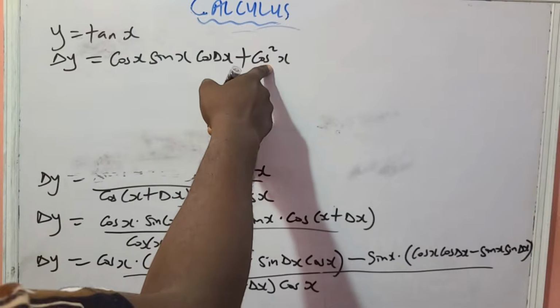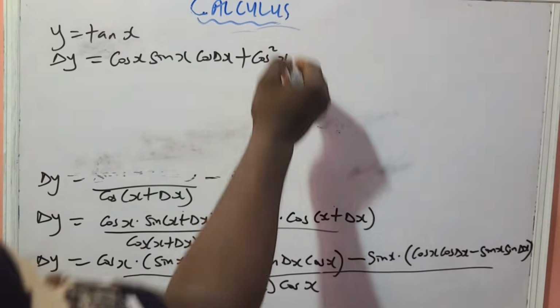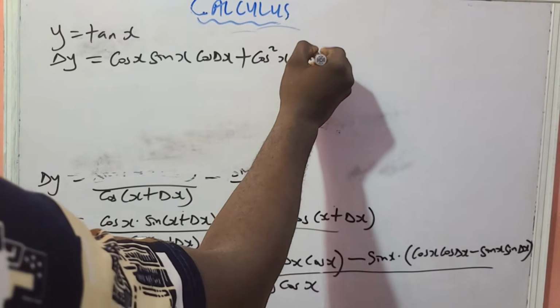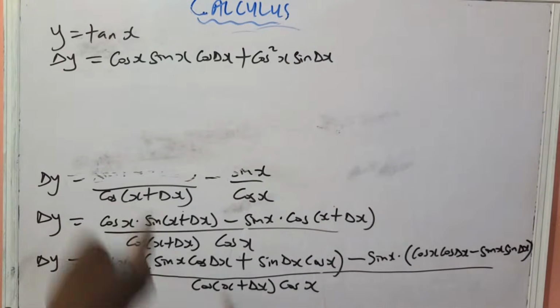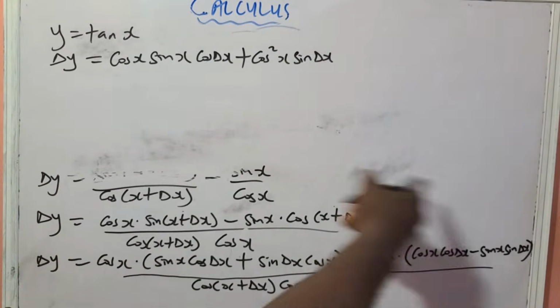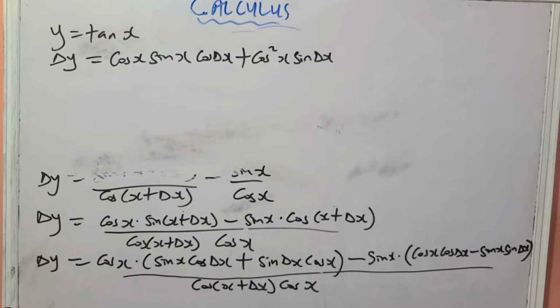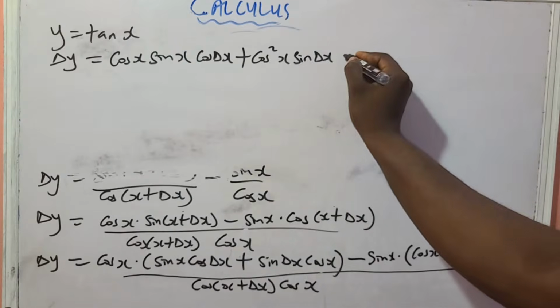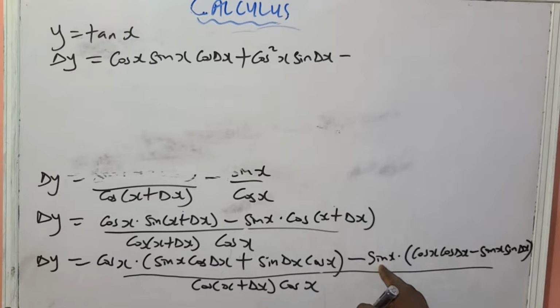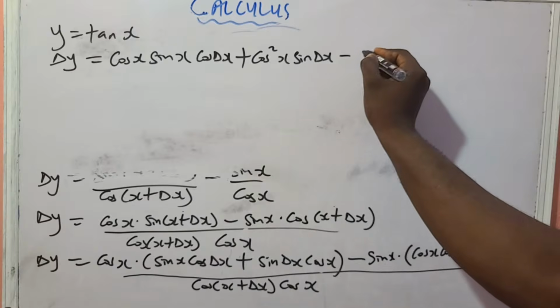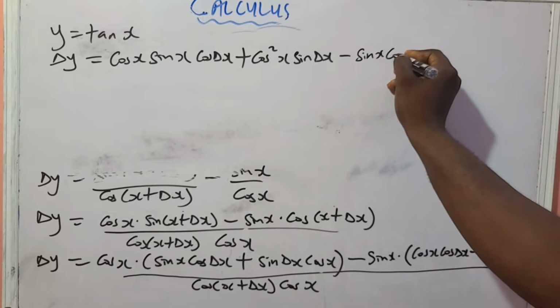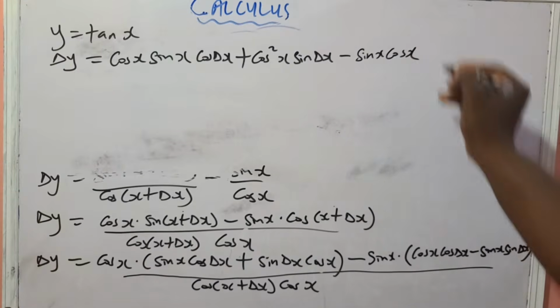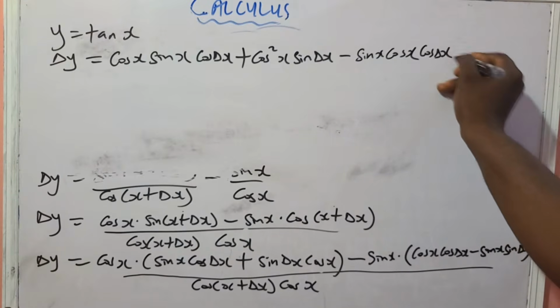This is cos x times cos x. Then we have sine change in x. All right, that's for this side. So let's do the other side. We have minus, because there's a minus sign here, sine x times cos x, that will be minus sine x cos x, then cos change in x.